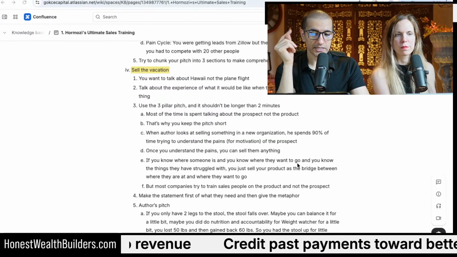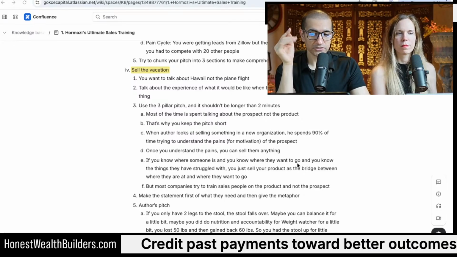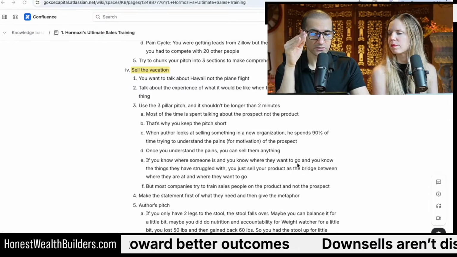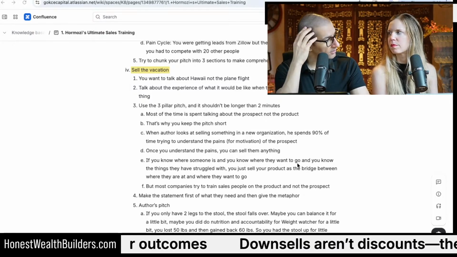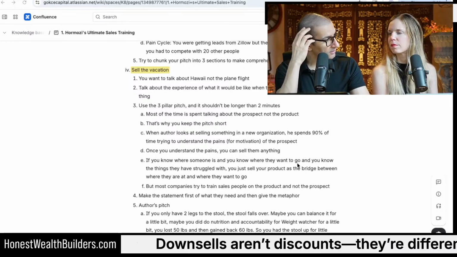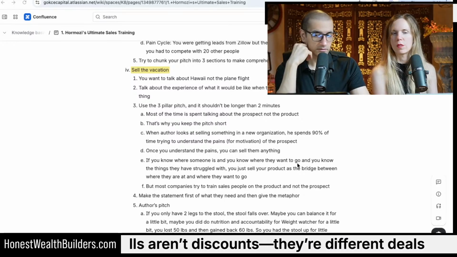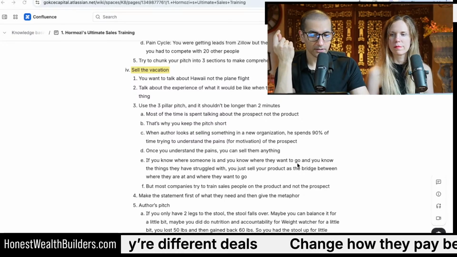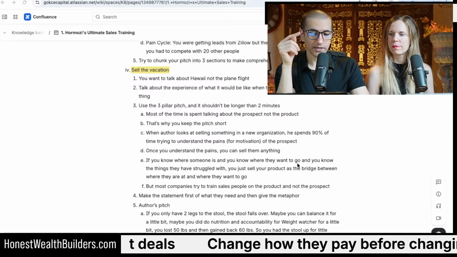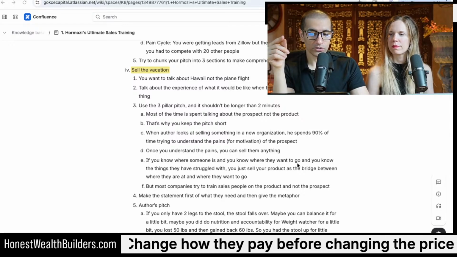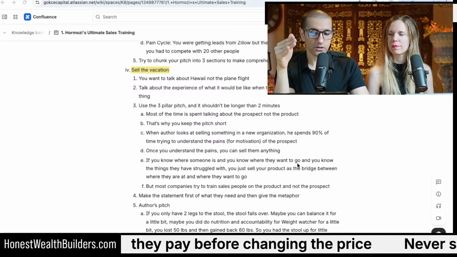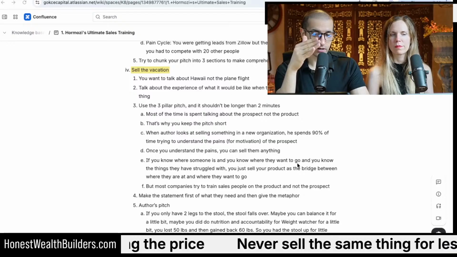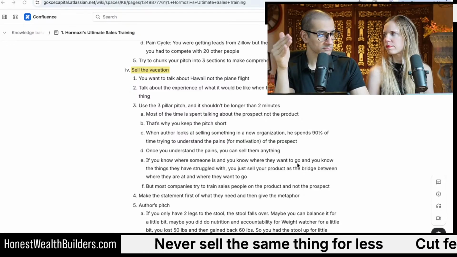When he looks at selling something in a new organization, he spends 90% of his time trying to understand the pains or the motivation for the product, as opposed to pitching. Once you understand the pains, you can sell them anything. If you know where someone is, where they want to go, and the things they have struggled with, you just sell your product as the bridge between where they are and where they want to go.